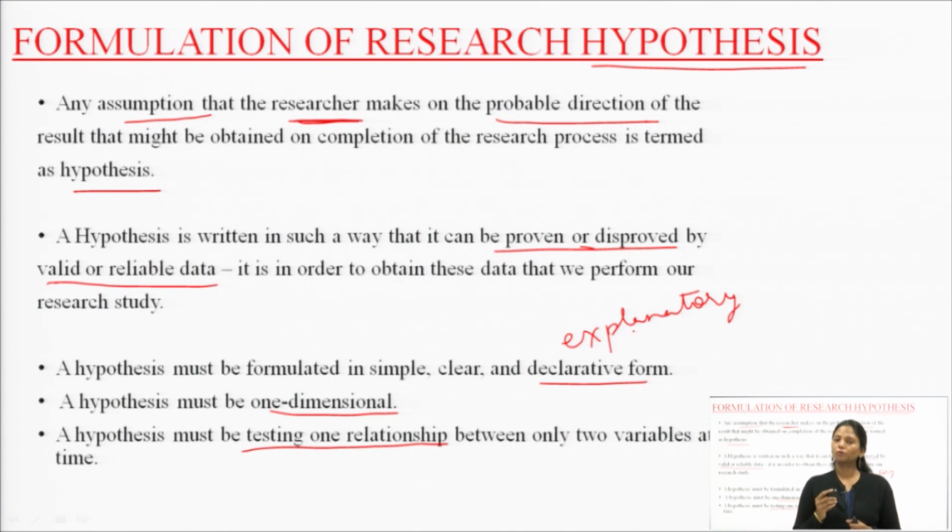To make things very clear and simple, to find the exact, accurate and reliable result, we test only one relationship between two variables of a population, instead of talking about too many variables or relationships about the same population.